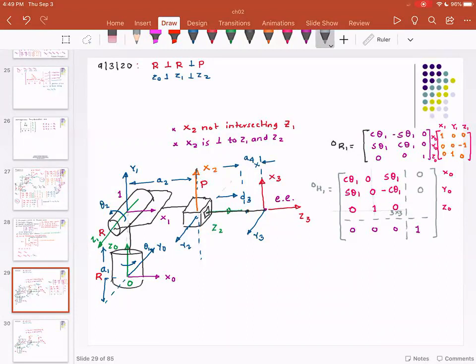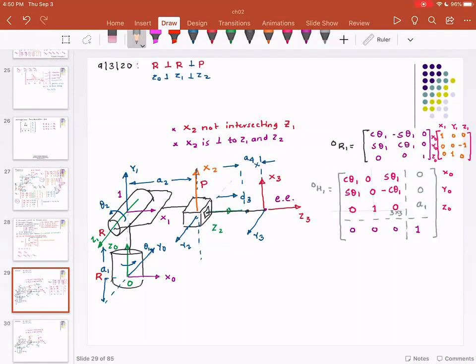But along z0, the distance between the frames is a1. And I want you to be super aware of the fact that the direction cosines or the vectors that you would be considering are along x naught, y naught, and z naught.